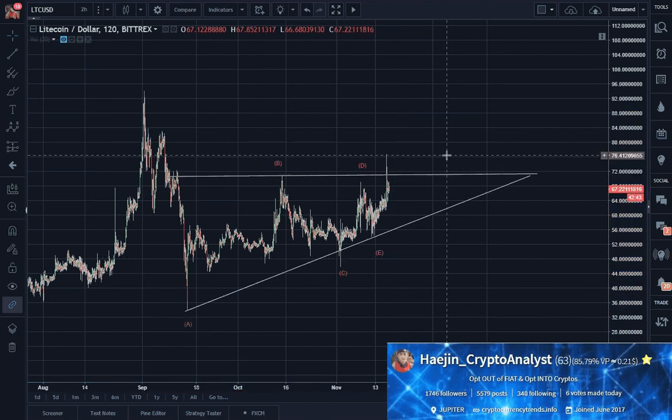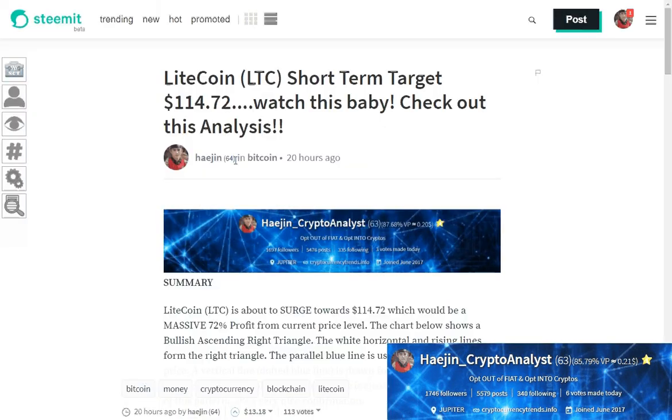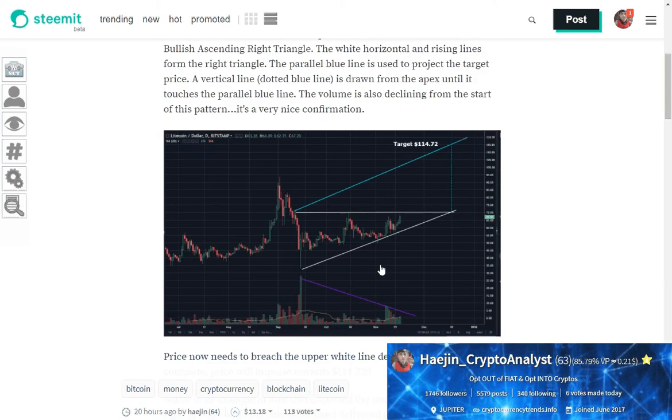And it's already $76. Yesterday it was underneath when I recommended this. Here's what I put out yesterday, 20 hours ago. Boom. Look at this. A, B, C, D, E. It was underneath the line. Knowing how this triangle goes on a bull run, on an uptrend, it's a consolidation phase.